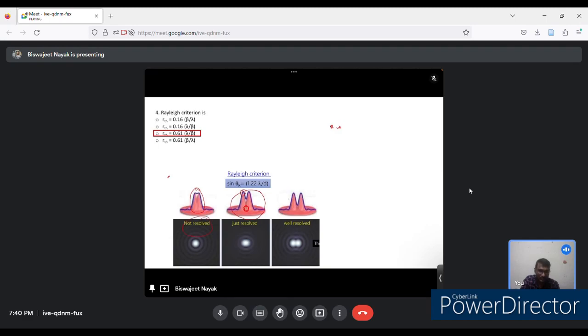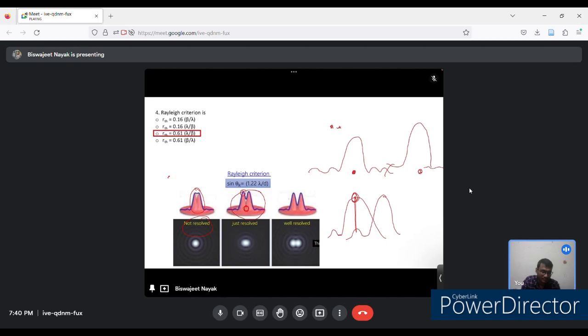Let's say this is the diffraction pattern for the first point and this is the second point. What it is telling is that in this case the maximum of the first source will be overlapping the first minimum of the second source. This is the maximum of the first, and this is the minimum of the second, right?